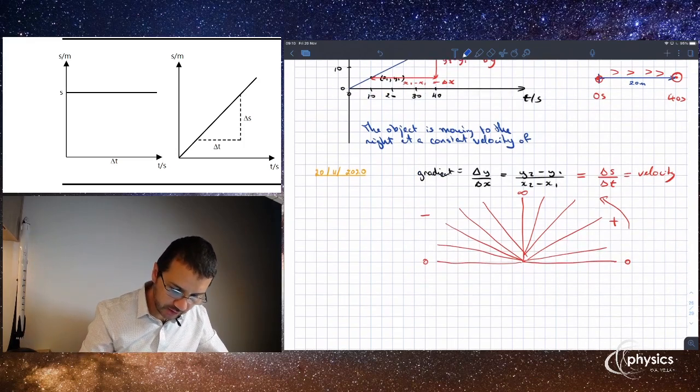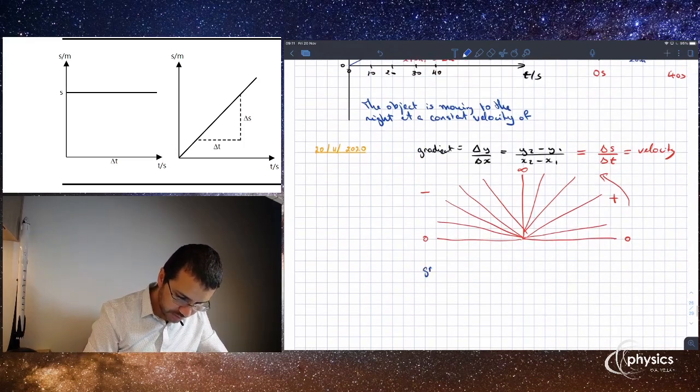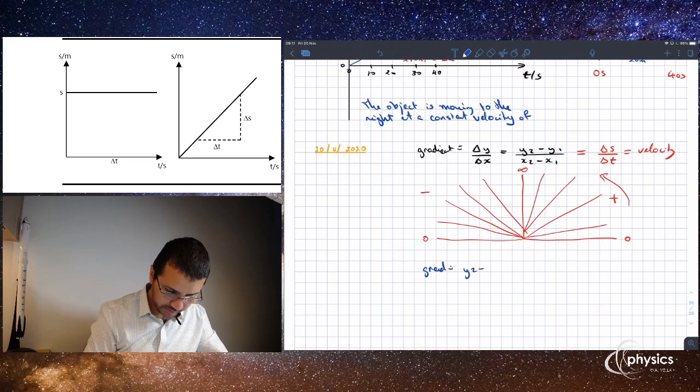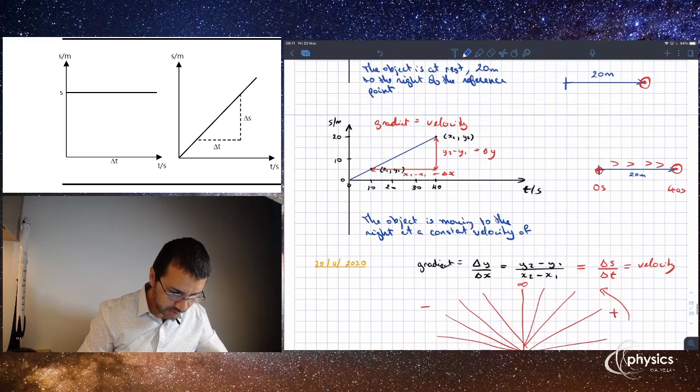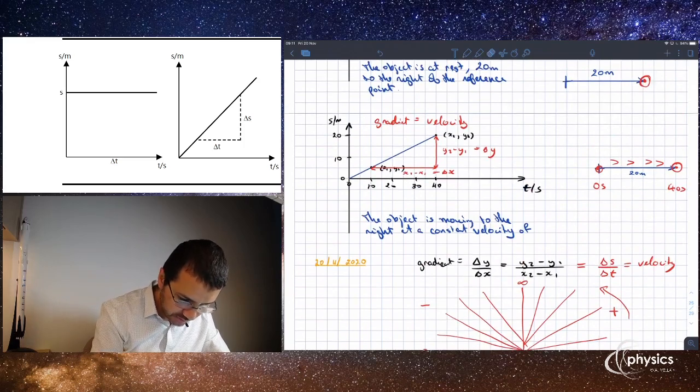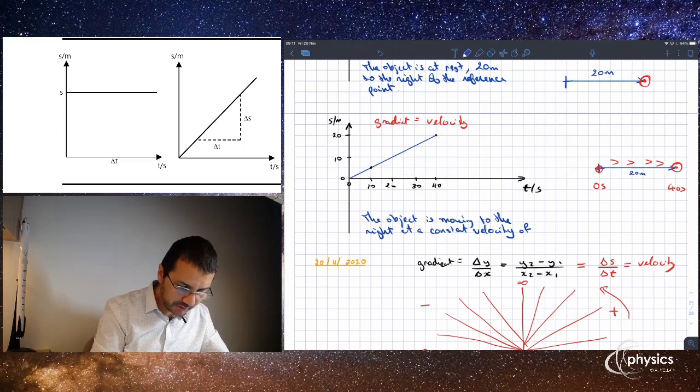Mela, ħanikkalkulaw. So gradient is y2 minus y1 over x2 minus x1. Issa kif għattilkom, you can take points wherever you want to.